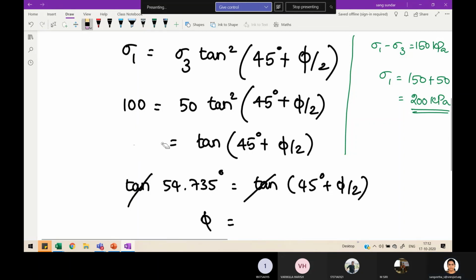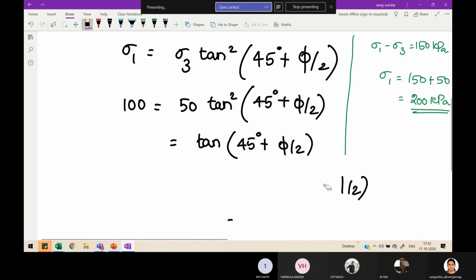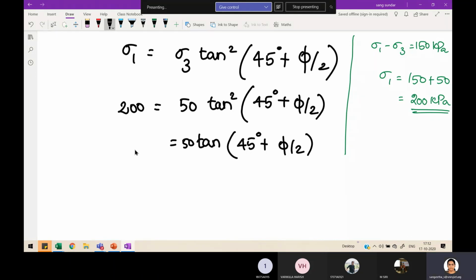Okay. So this is wrong. So here the value is 50, whereas this one is 150 plus 50, which is actually 200. So now tell me how much is your answer. And never forget to take root also.